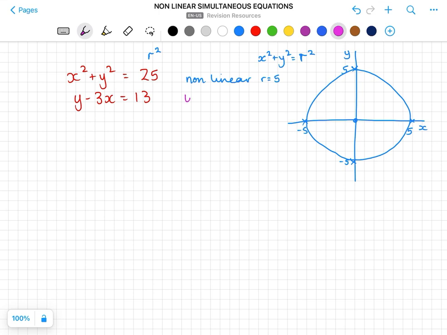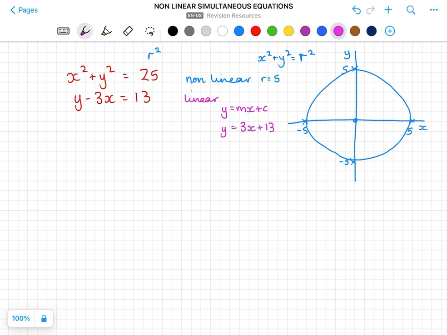Our second equation in this example is a linear equation, which means it's in the form of y equals mx plus c. We can rearrange this equation to give us y equals 3x plus 13. I've done that by adding the 3x to both sides of the equation.